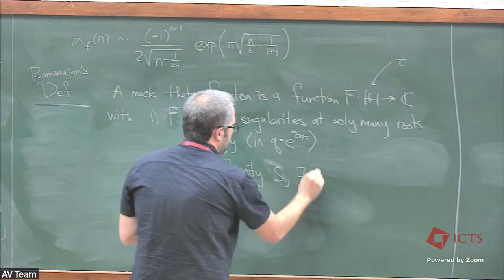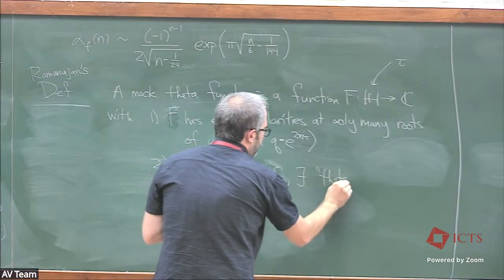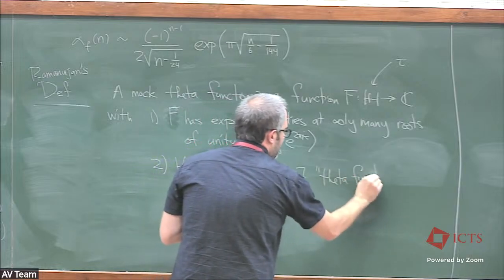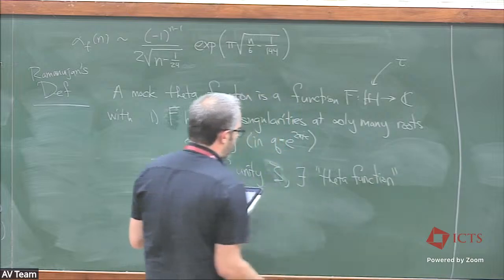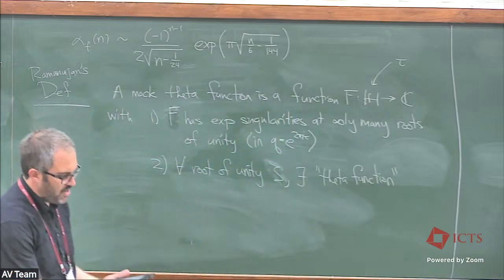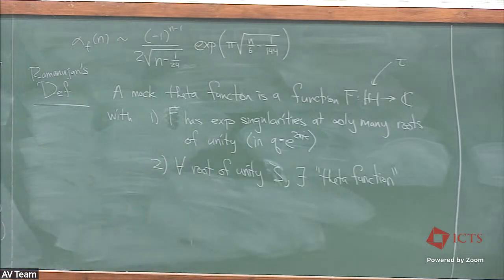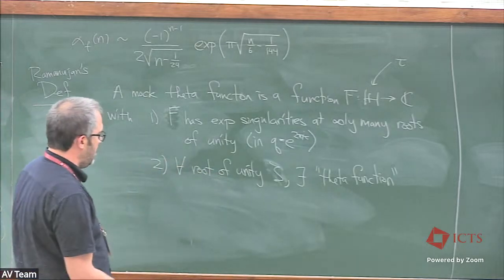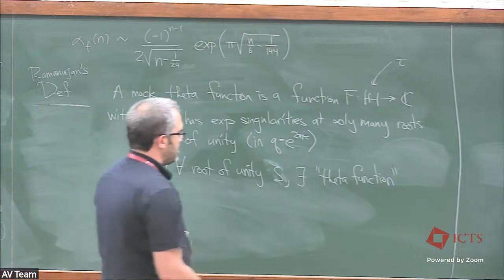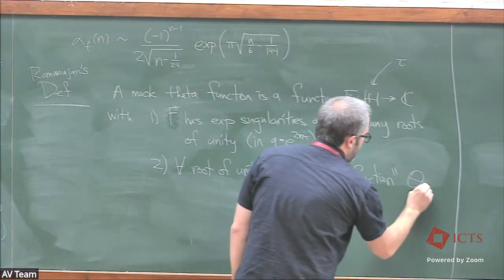there exists, and I'll put this in quotes, a theta function. That's what Ramanujan called these. But really, I think for Ramanujan, a theta function is just a weakly holomorphic modular form in today's terminology. So there exists a theta function, we'll call it theta sub zeta.